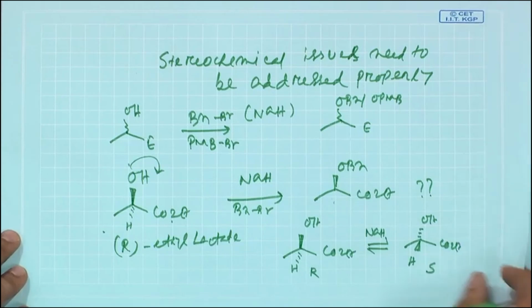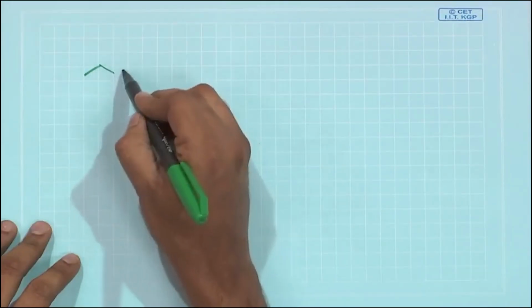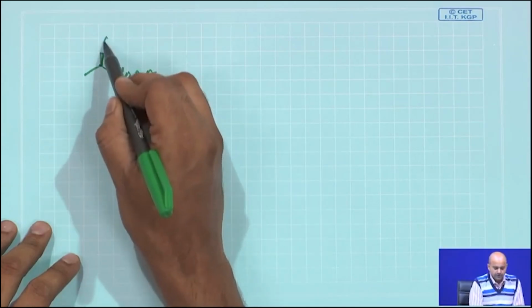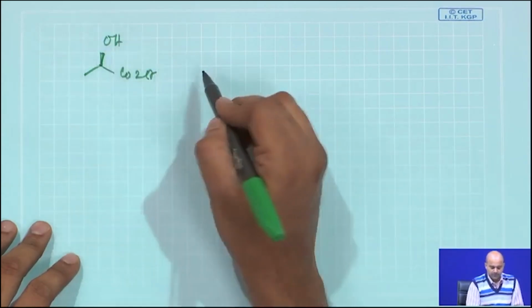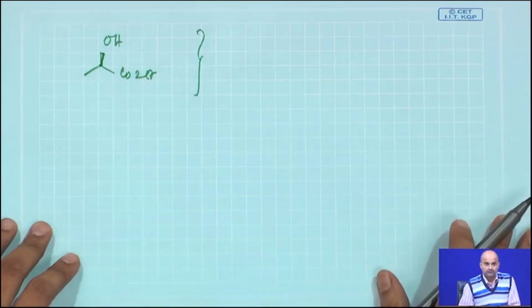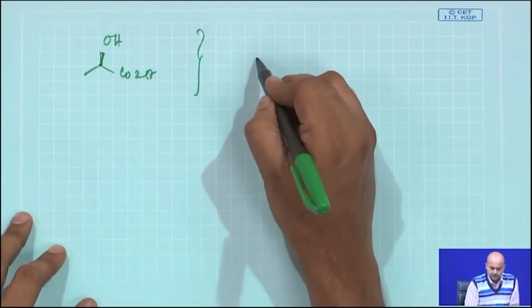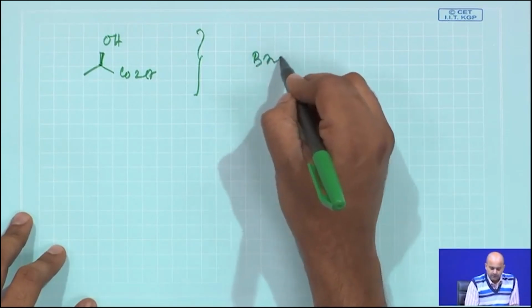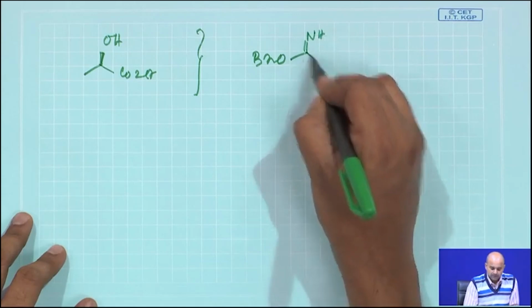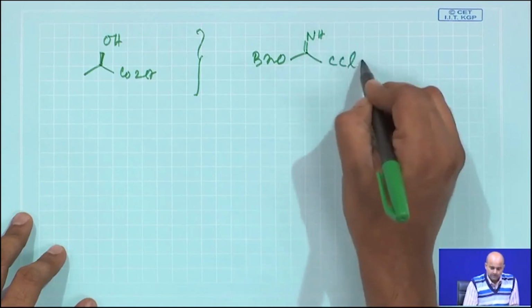So, in those cases you need to find a relatively mild protecting group condition where the benzyl or other groups can be protected. We did not discuss this earlier when we talked about protecting group chemistry, and I thought we would discuss it when we discuss the functional group based strategies. In this case, we will use a reagent called benzyl imidate.